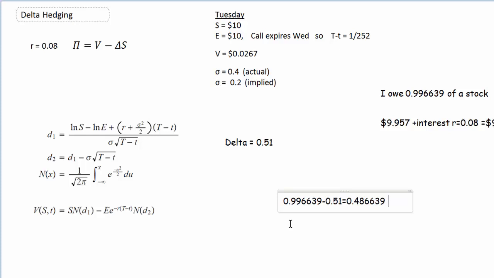How much is that going to cost me? Well, the shares are now selling for $10. So let's think about the cash that I've got now. I've got that much cash. I have to spend $4 and like 87 cents of it to buy back some of the stock, or to repay some of my stock debt, if you want to look at it that way.